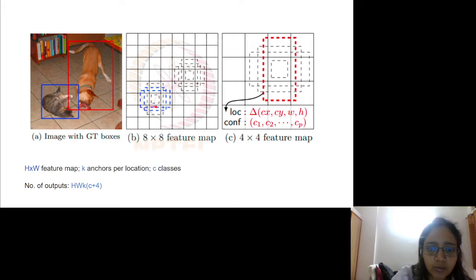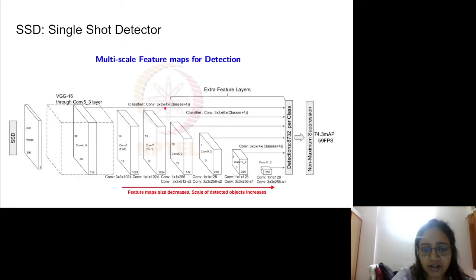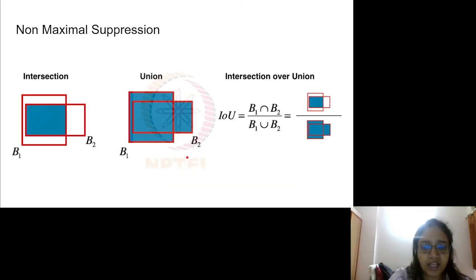Either the blue bounding boxes, the square one or the rectangular one, they are able to cover the cat. And now when you have the 4 cross 4 feature map, each cell is actually looking at a much larger part of the image, right? So in the 4 cross 4 feature map, if you detect objects in each cell, you are able to detect the dog. That is why they use this kind of architecture, where they are trying to detect objects at basically every convolution layer in the network.